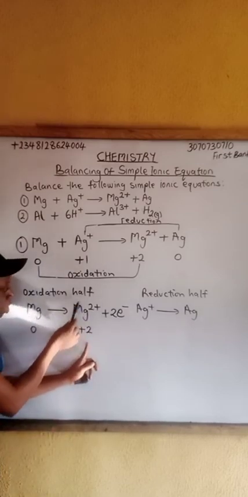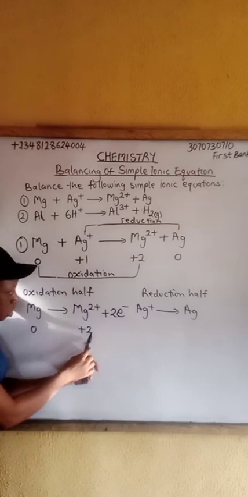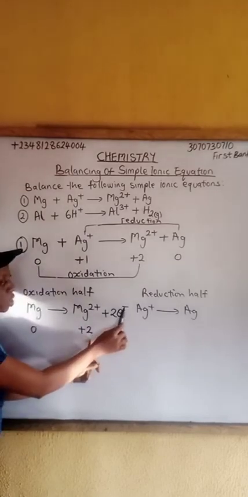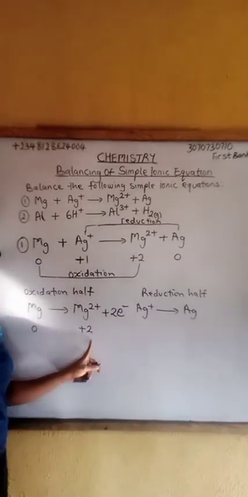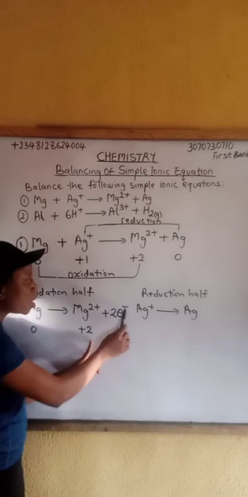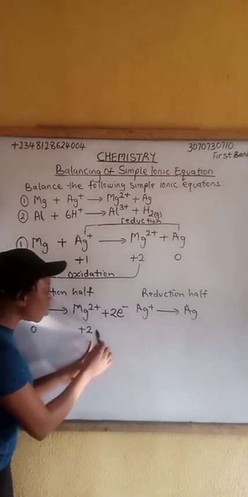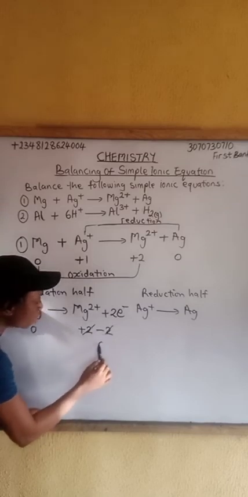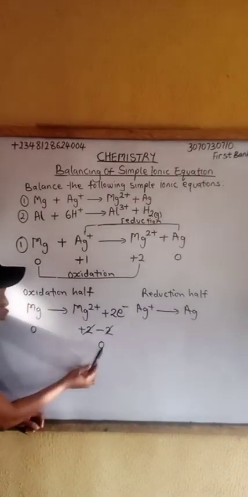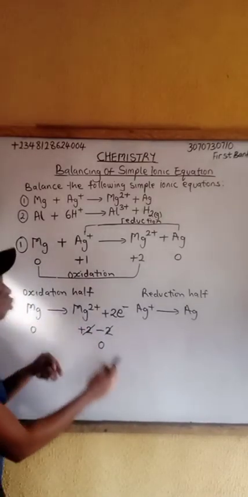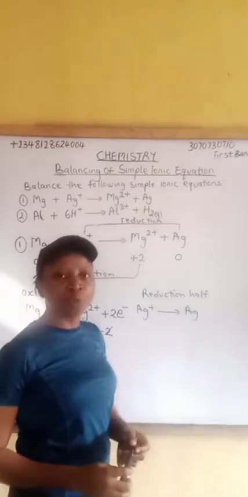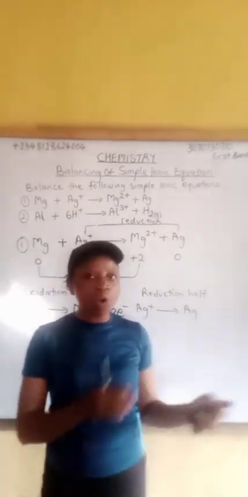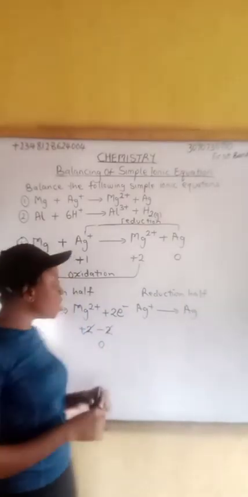The charge on this magnesium is plus 2. An electron is minus 1, so minus 1 times 2 will give us minus 2. Plus 2 minus 2 will give us 0. So this side is also equal to 0. We have equalized the oxidation number at both sides.